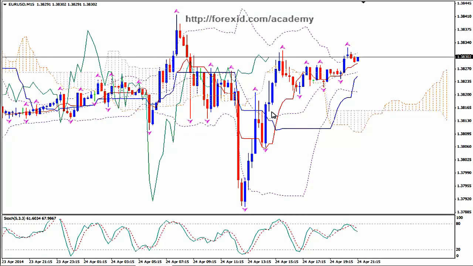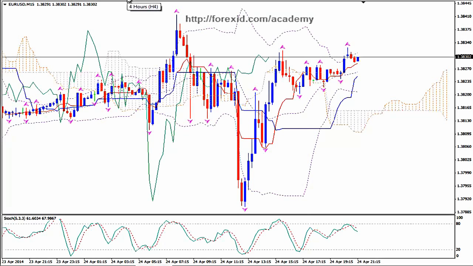Of course, ideally you should enter down here, but it's not as bad to wait to enter now, to enter long at this level, unless you want to wait for stochastics to turn upwards again and enter.